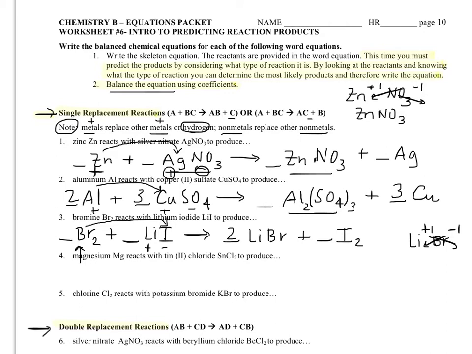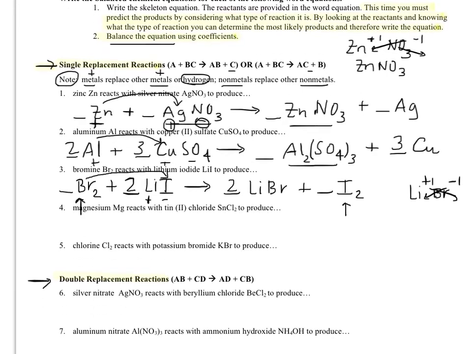I've got to make it 2 on the product side, which means I have 2 lithiums on the product side. So I got to have 2 on the reactant side, which means I now also have 2 iodines on the reactant side. But that's okay because I've already got 2 iodines on the product side. All right, so those are single, and we'll finish up 4 and 5 in class.